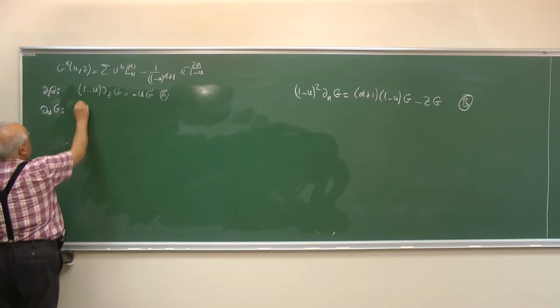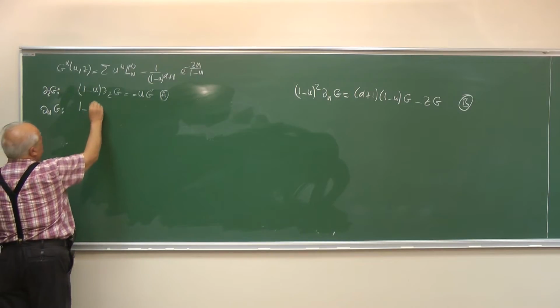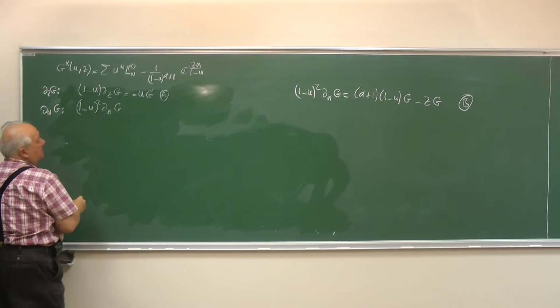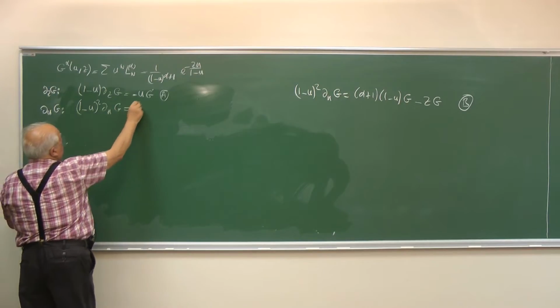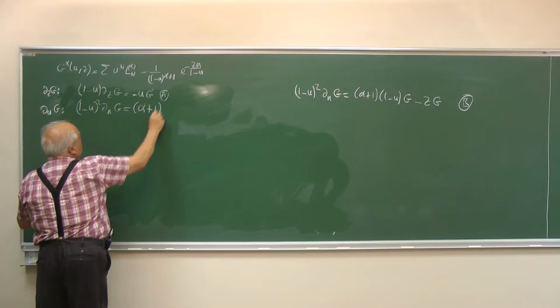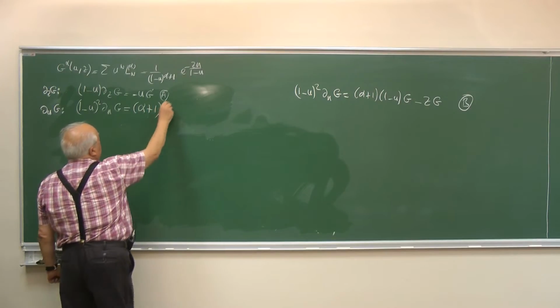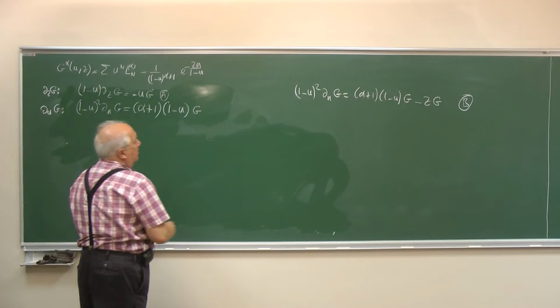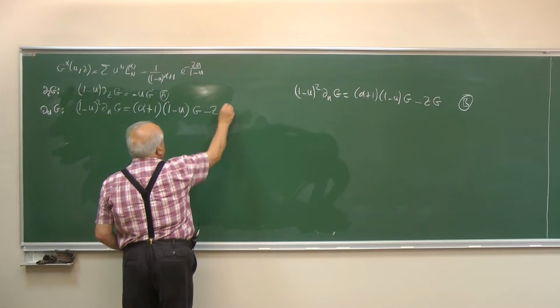So let's copy it. 1 minus u squared delta u G equals alpha plus 1, 1 minus u G, minus zG.